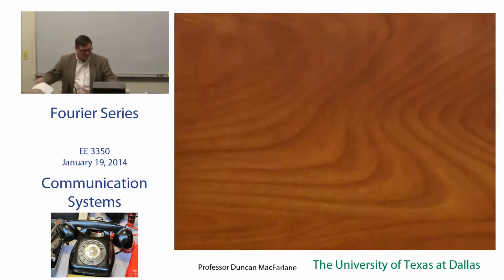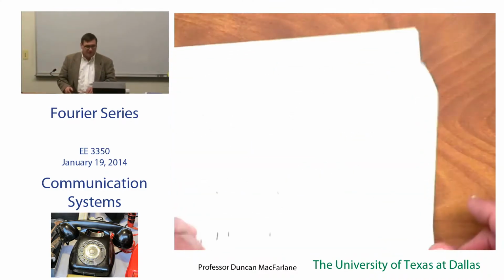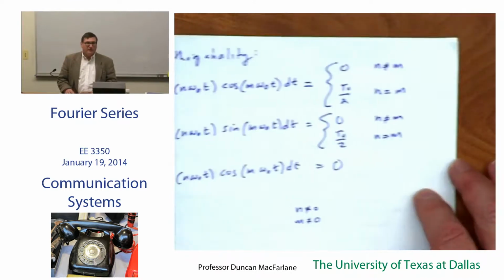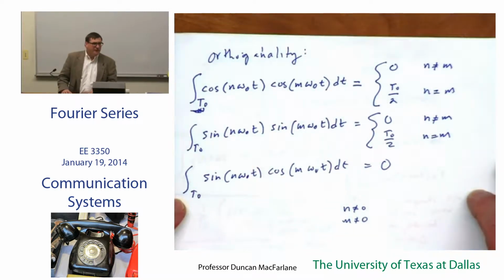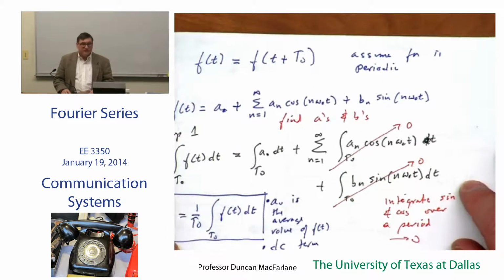But let me go through quickly what we did last time with Fourier series. We started off by reviewing the orthogonality of sines and cosines. We used those orthogonalities to find out the coefficients of a Fourier series.